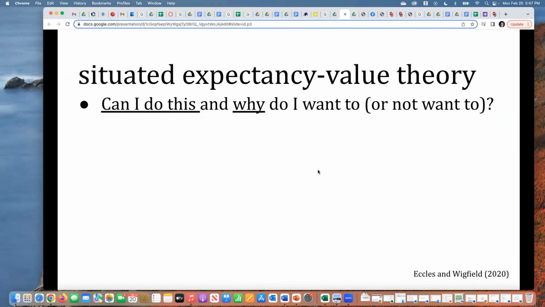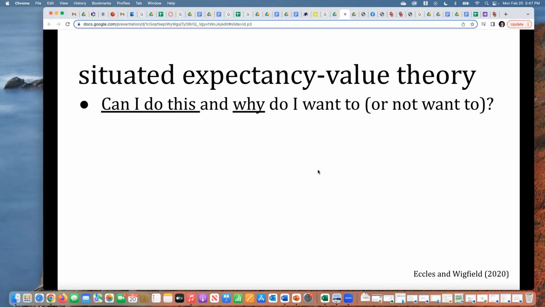As I mentioned earlier, something important and helpful to keep in mind about this theory is that embedded within it are constructs that map onto those two overarching questions that we've talked about in terms of framing motivation: the "Can I do this?" question and the "Why do I want to?" question. And not only why do I want to, but also why might I not want to engage in a given academic task?